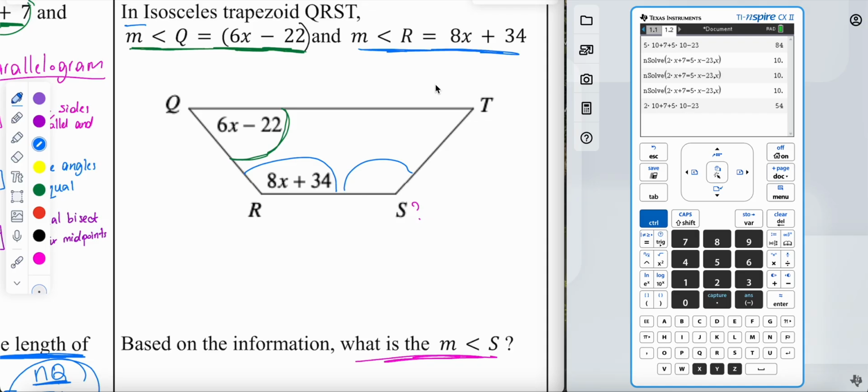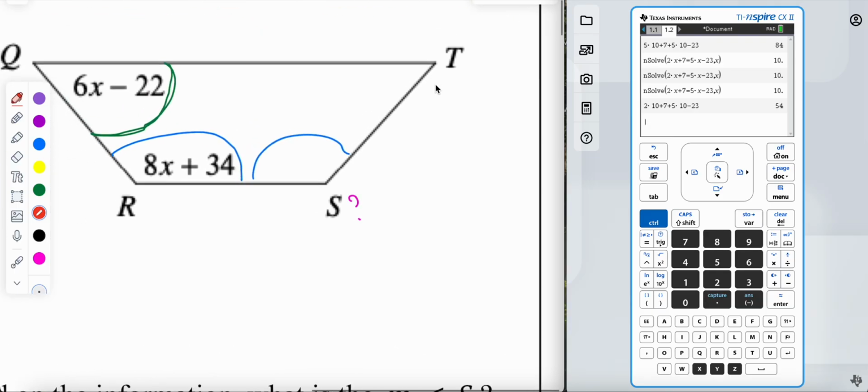All right. So what is given to us? Our important word here is going to be isosceles trapezoid. So we're going to write that on our paper. Isosceles trapezoid. All right.